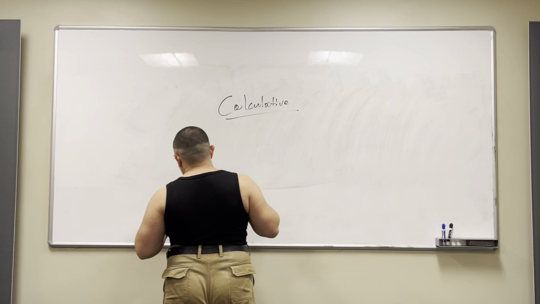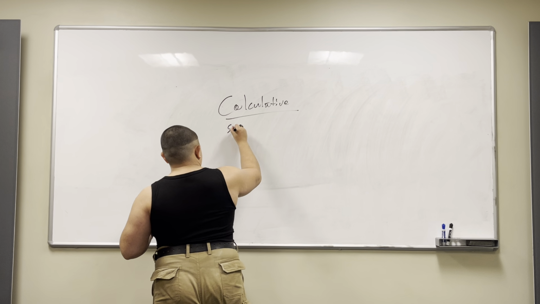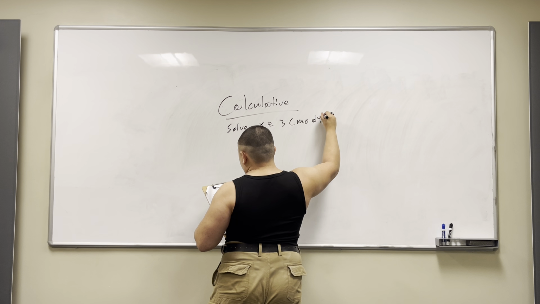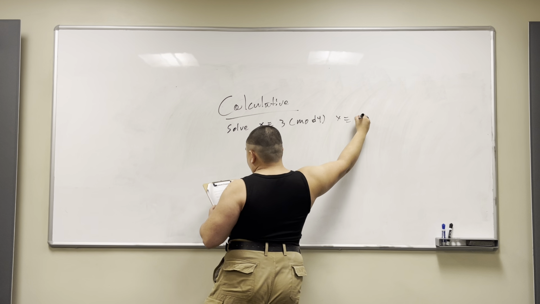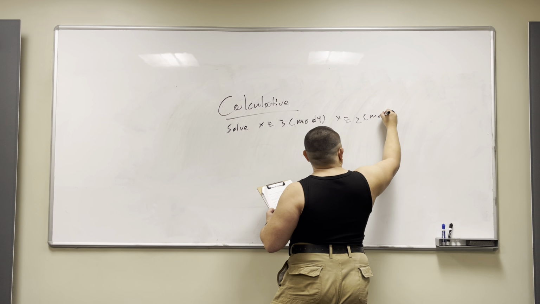This is for the Chinese remainder theorem, solving a pair of congruences. Say we're asked to solve x is equal to 3 mod 4, x is equal to 2 mod 5.